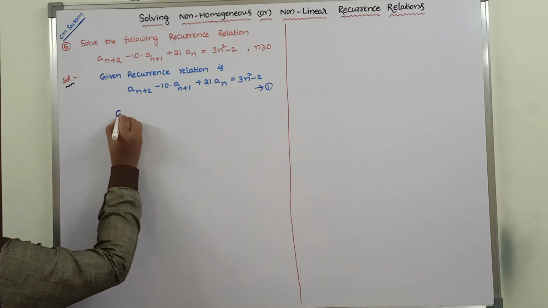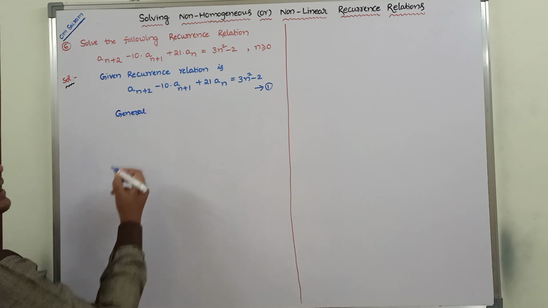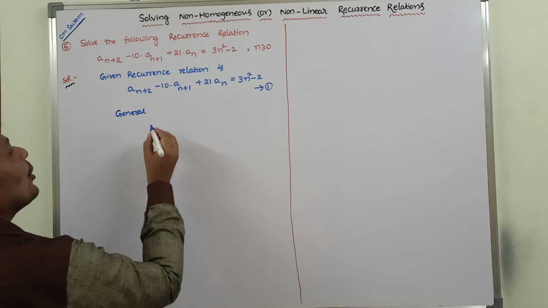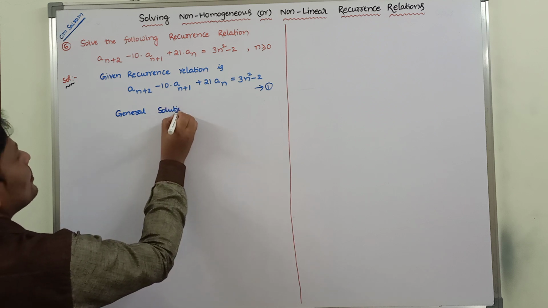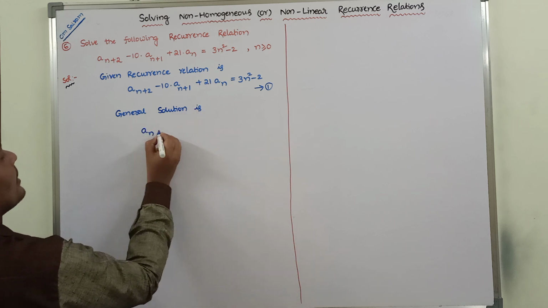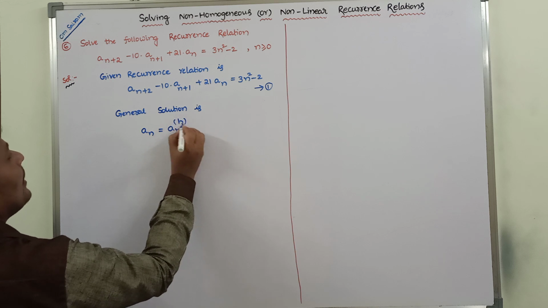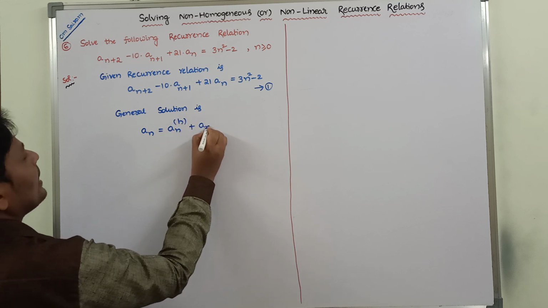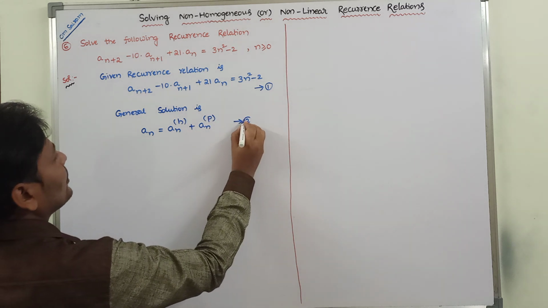What is the general solution for the given non-homogeneous recurrence relation? The general solution is A suffix n is equal to A suffix n power h plus A suffix n power p. This is equation 2.